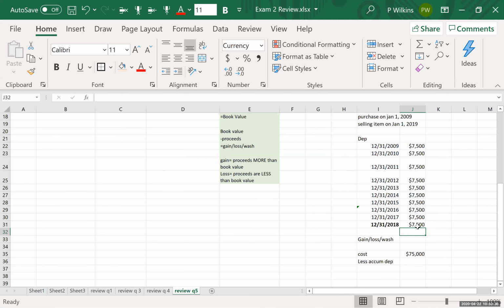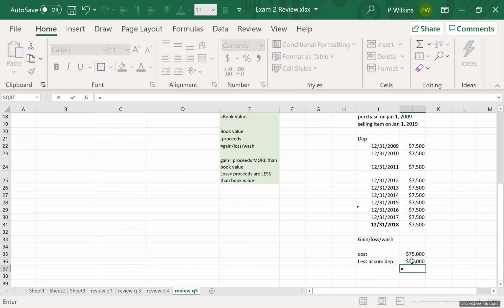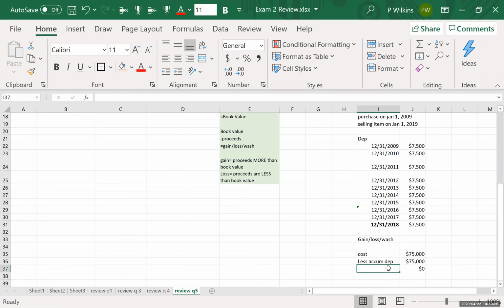So we have 7,500 times 1, 2, 3, 4, 5, 6, 7, 8, 9, 10. So we have accumulated depreciation of $75,000. $75,000 minus $75,000 means that our book value is 0.